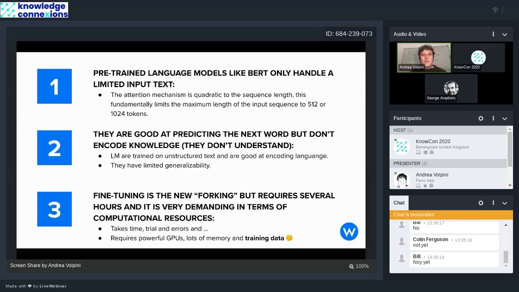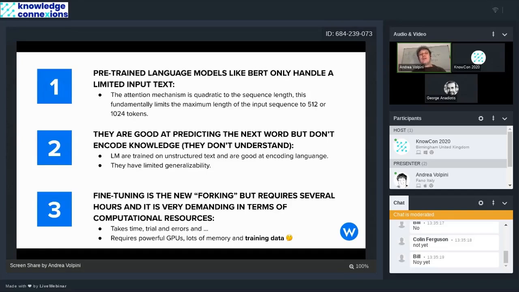The way in which the language model focuses the attention on what is important of the text that we are providing is somehow limited by the fact that this mechanism called attention is quadratic to the sequence length. So it just goes up immediately as we provide more text, okay?